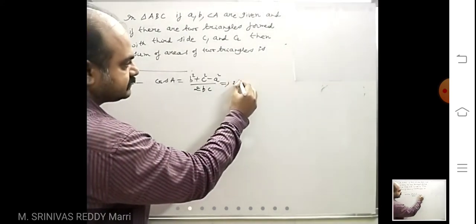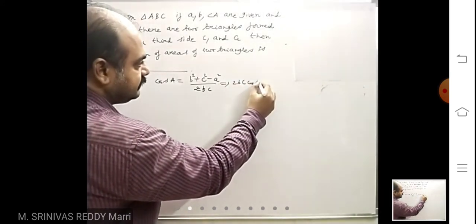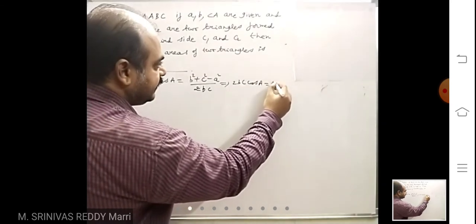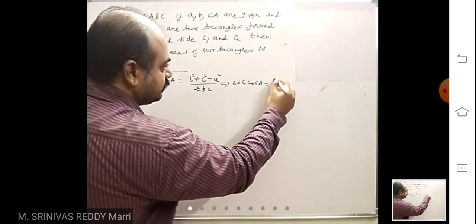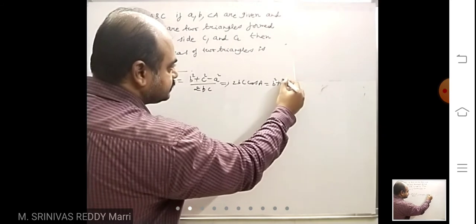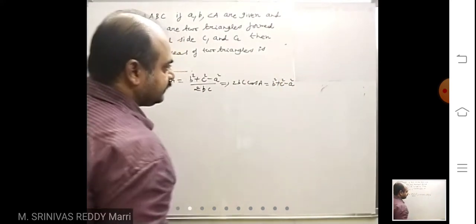That implies 2bc cos A is nothing but b² + c² − a².